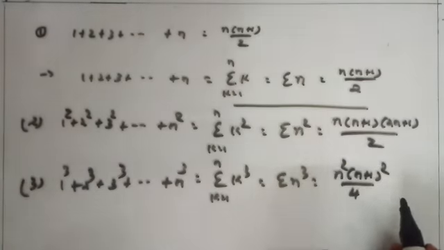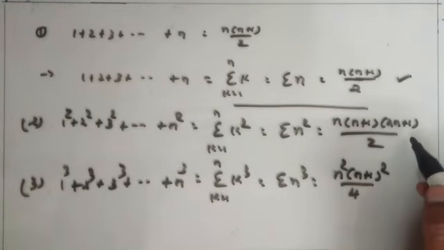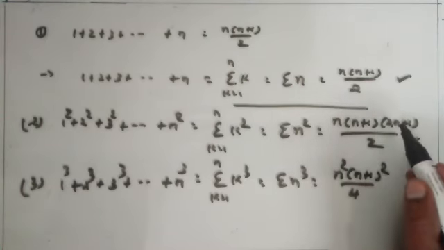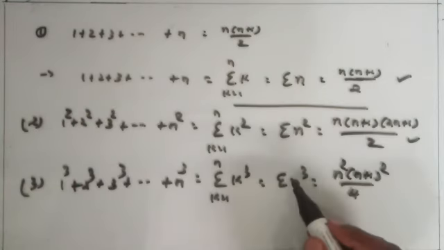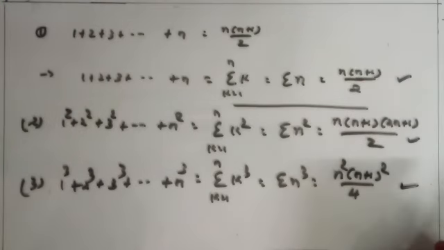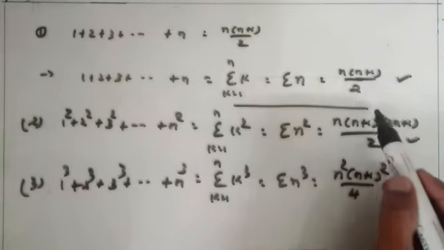Clear? So remember these formulas: sigma n is equal to n(n plus 1) by 2. Sigma n square is equal to n(n plus 1)(2n plus 1) by 6. And sigma n cube is equal to n square (n plus 1) square upon 4. In all of them, n(n plus 1) by 2 is common.